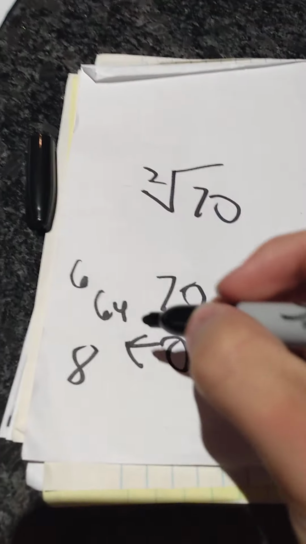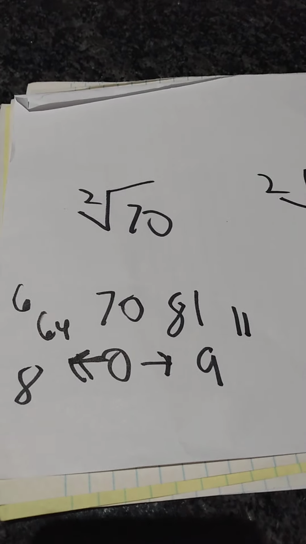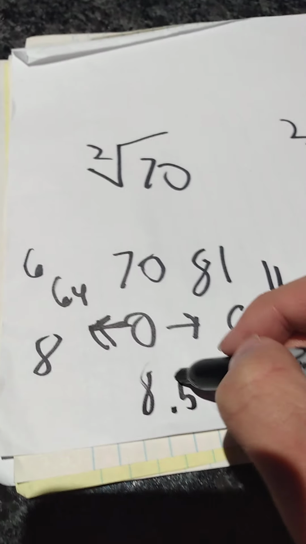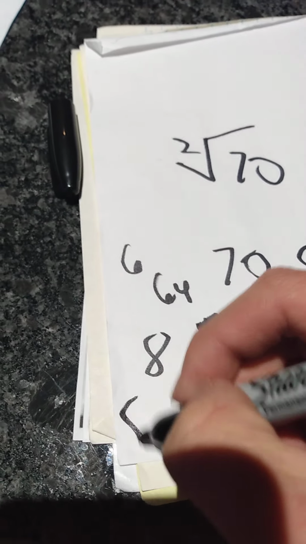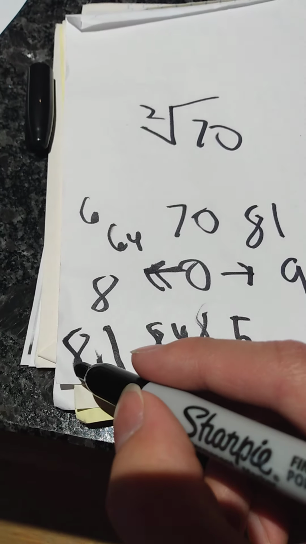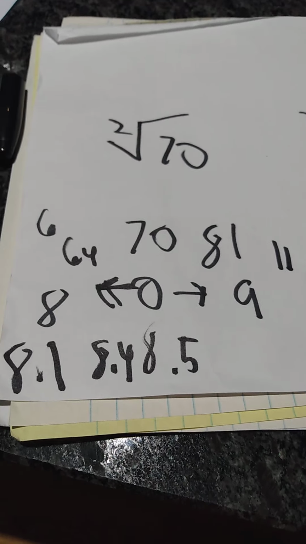Well, I think it's going to be more towards 8, because the differences are not really close to each other. If it was 5 and 5, then they would be in the middle, at 8.5. But if we get the range of 8.1 to 8.4, we would get a good estimate.